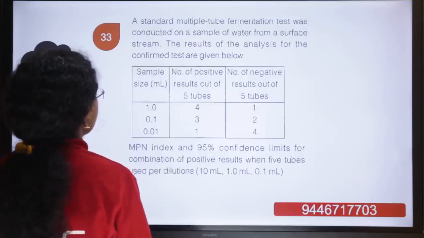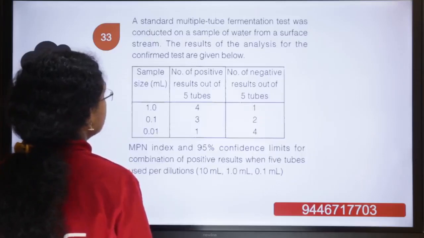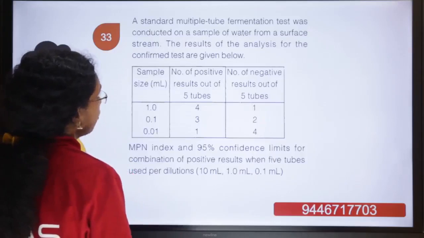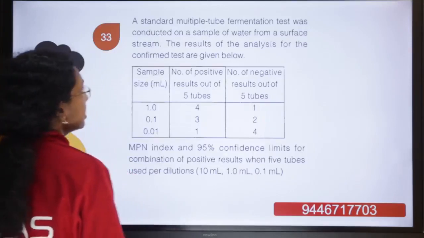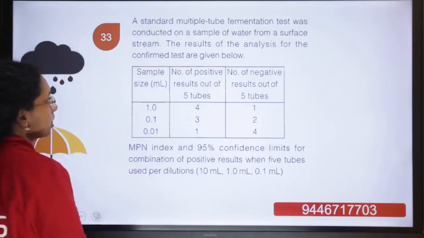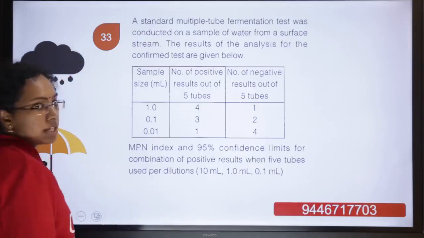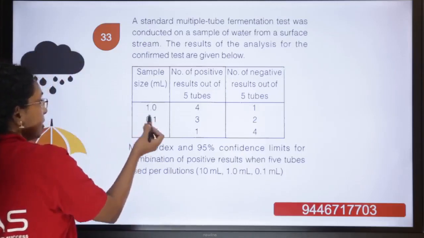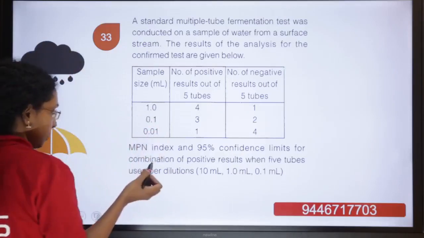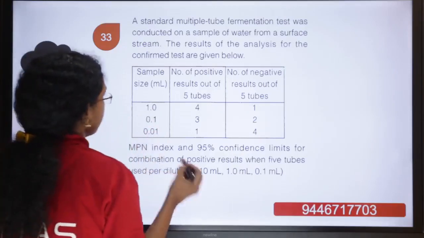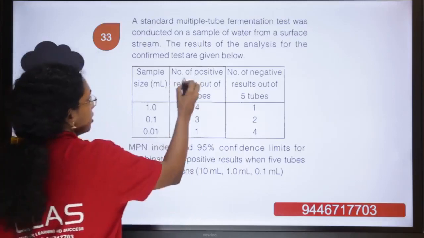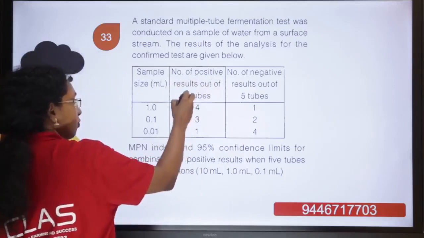Now the next question: a standard multiple tube fermentation test was conducted on a sample of water from a surface stream. The results of the analysis for the confirmed test are given below. The sample sizes are 1 ml, 0.1 ml, and 0.01 ml, each placed in 5 test tubes, and we note the number of positive results out of the 5 tubes.